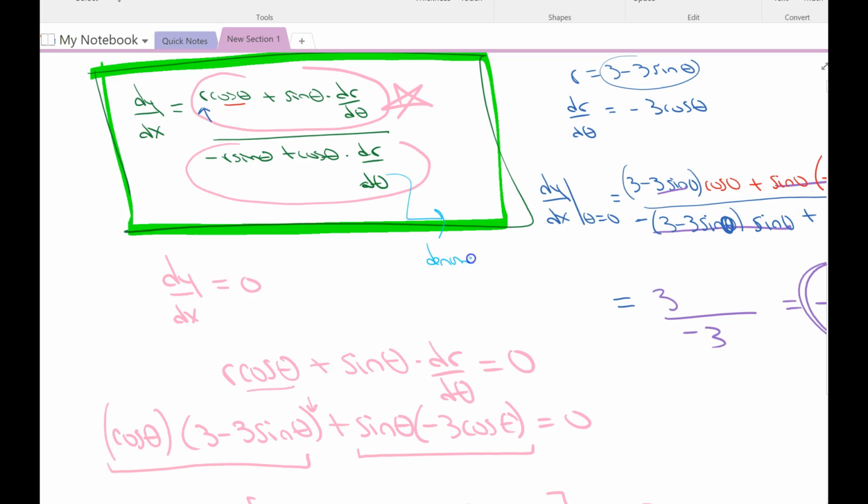When you set the denominator equal to 0, you will find all the points where dy dx has a denominator of 0. If the denominator equals 0, you will find all the points that have a point of vertical tangency, because a point of vertical tangency is a point where dy dx doesn't exist.